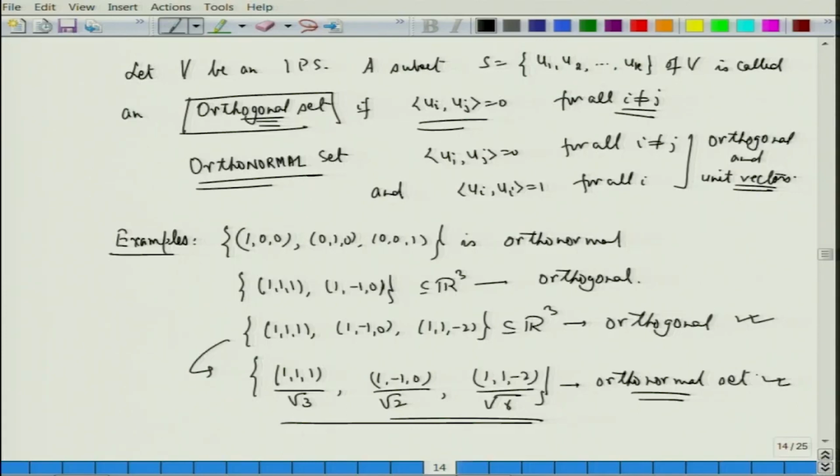We have the statement that a collection of vectors U1 to UK is called orthogonal if something happens. That is more important: orthogonality means there is perpendicularity between them. Now the question is, given an orthogonal set, is that set linearly independent?